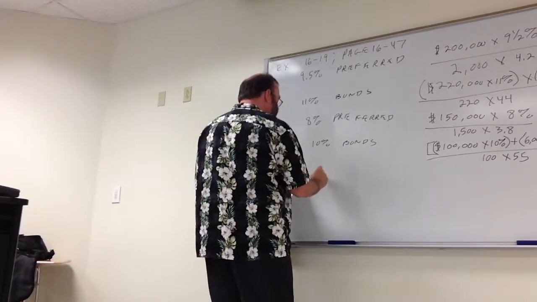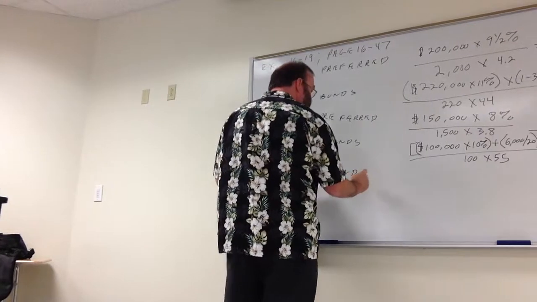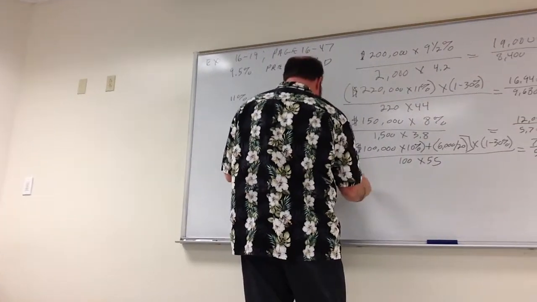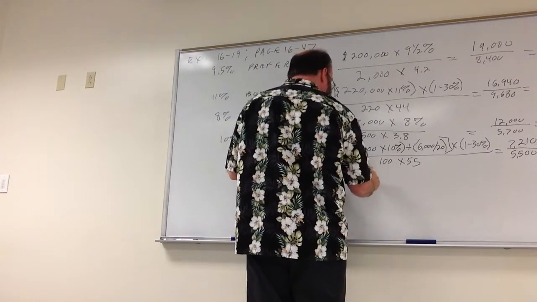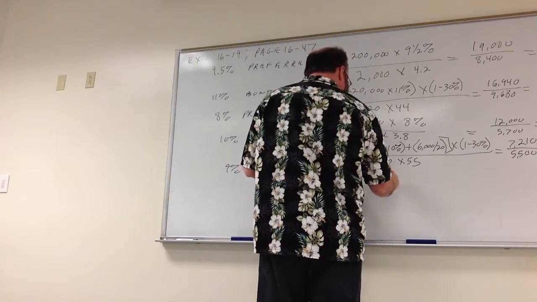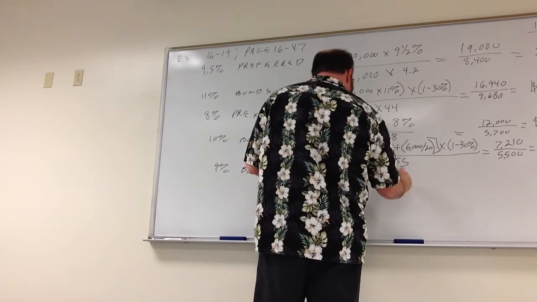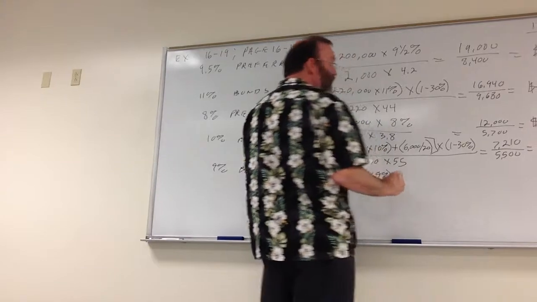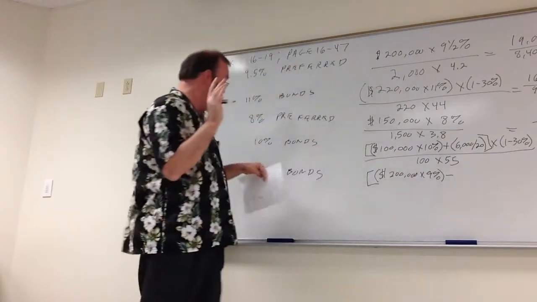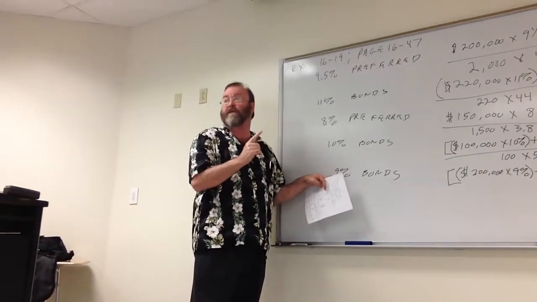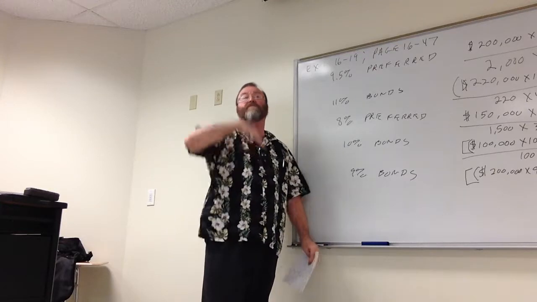So we have a 9% bond. And on this one, we're going to start with 200,000 times 9%. And now we're going to subtract the premium, because what we did here is we sold a 9% bond. The market needed less than 9%, so it gave us more.